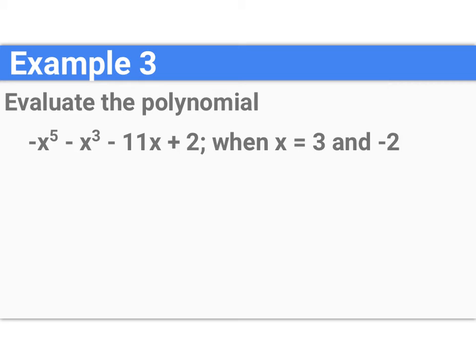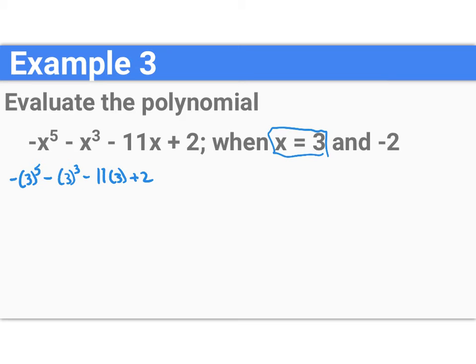All right, so evaluate the polynomial when x is 3 and -2. So what I'm going to do is put the x equals 3 in blue, and we'll substitute 3 to the 5th power minus 3 cubed minus 11 times 3 plus 2.